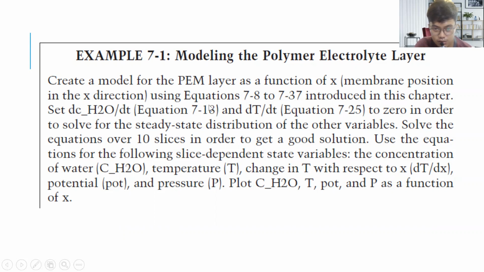Okay, using the equation 7.7 to 7.37 introduced in this chapter. Okay, set dC of water per dt, equation 7.18, and dT per dt, equation 7.25, to 0 in order to solve the steady state distribution of the other variables.